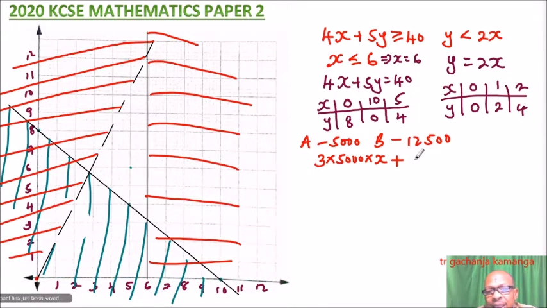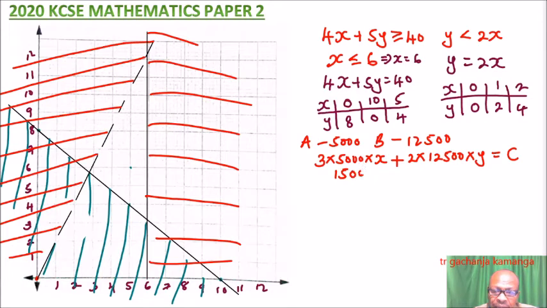We add 2 type B lorries costing 12,500, multiply by Y, and that gives you the total cost. When you multiply this, it will be 15,000 X plus 25,000 Y is equal to C.